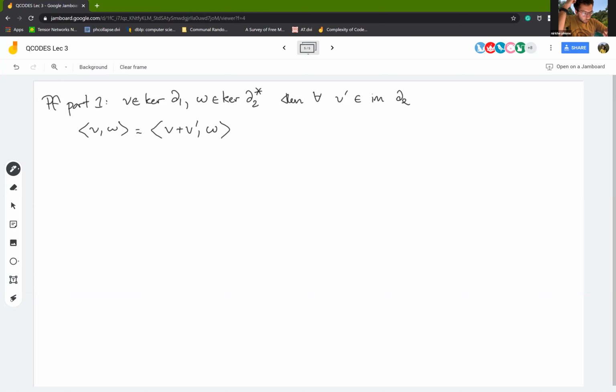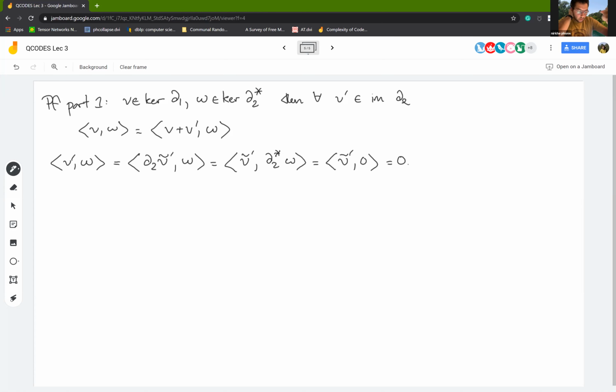The way you prove this is you just need to show that V prime W is zero, exactly like the previous proof we did a second ago. Since V prime is in the image of delta 2, it's equal to delta 2 V tilde prime W. That's the same thing as V tilde prime delta 2 perp W, which is equal to V tilde prime 0, which is equal to 0.